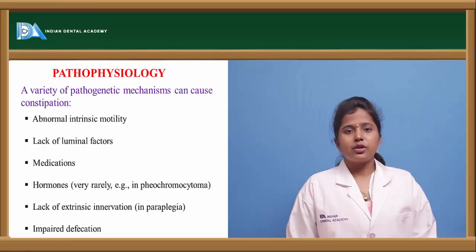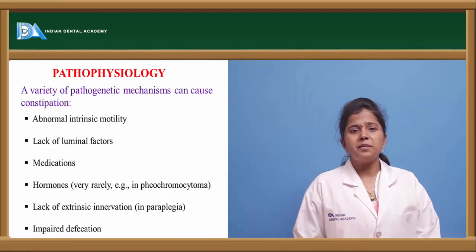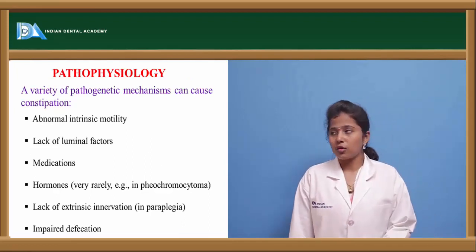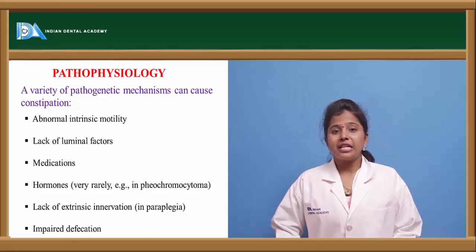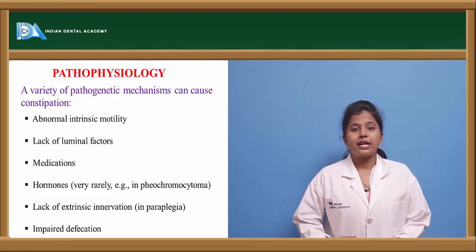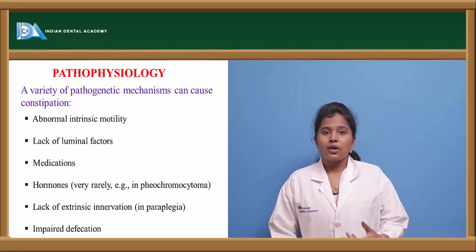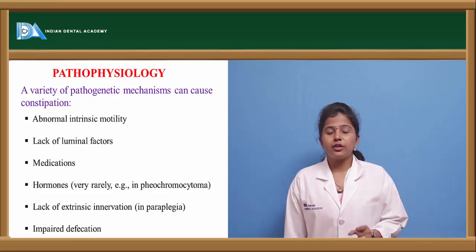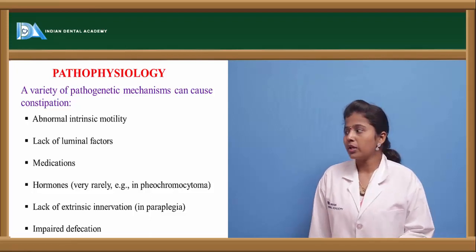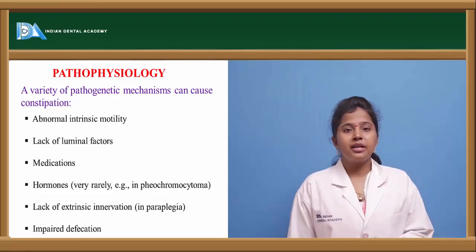What is the pathology, or what might be the reasons or stimulants for this constipation? There are various pathogenic mechanisms for this constipation. One is abnormal intrinsic motility, that is, the motility of the gastric region is not proper. The other one is lack of luminal factors.